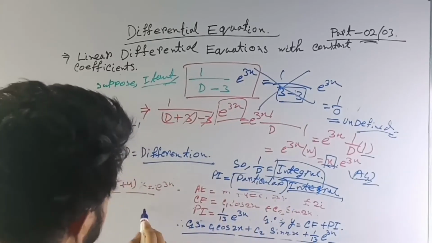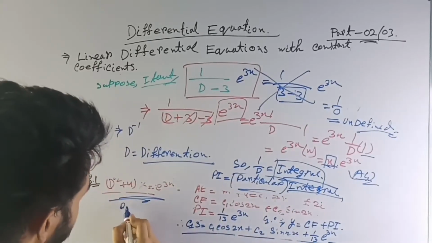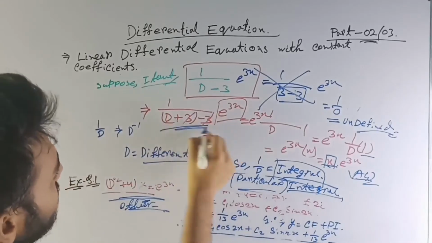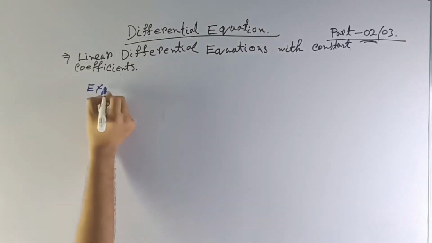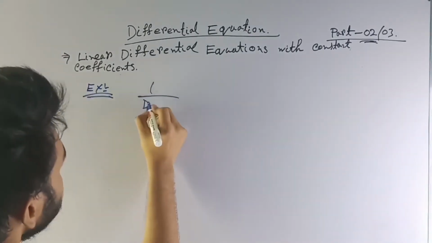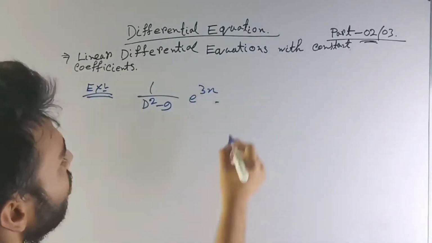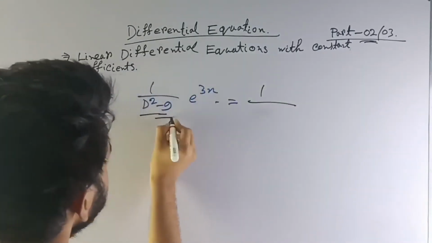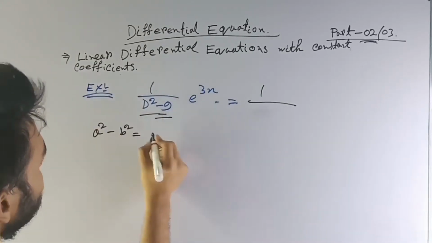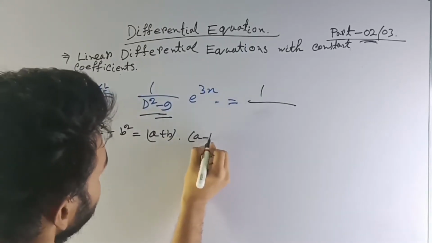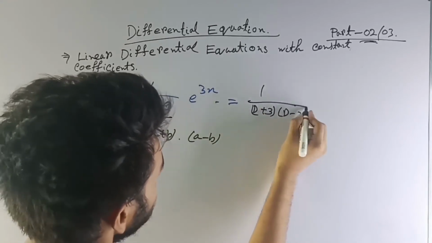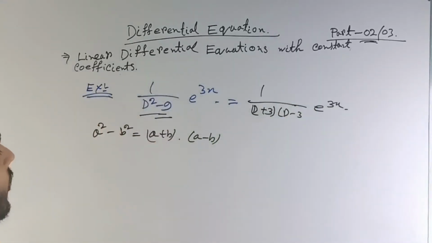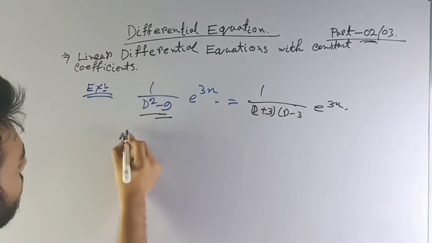Now this particular integral means here another thing, and there another thing, therefore its name is the particular integral. So 1 by d square minus 9 of e to the power 3x equals 1 by, now a square minus b square equals a plus b times a minus b, that means d plus 3 times d minus 3 of e to the power 3x.